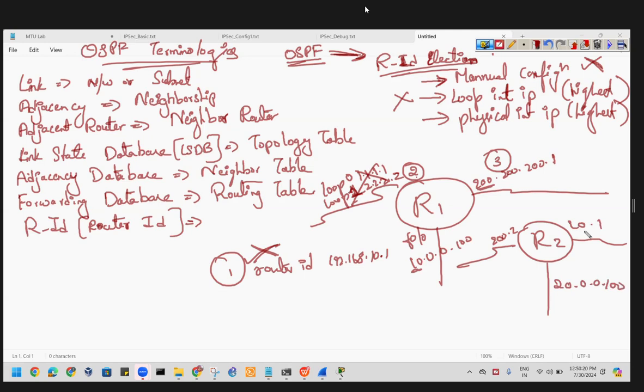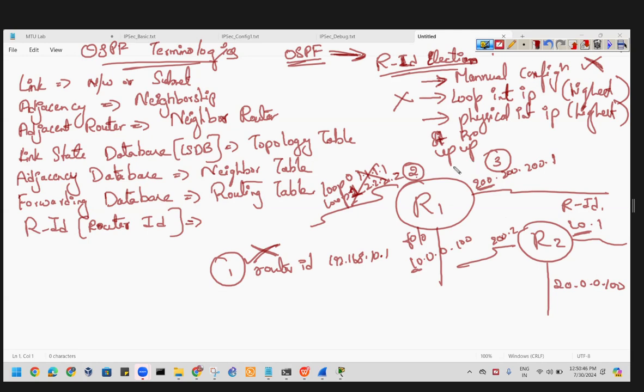Looking at this, 201 is highest, so this becomes the RID. Understood? Only physical interfaces are there, so the highest physical interface IP address. The interface should be up and up, meaning both status and protocol should be up. Only then will that interface IP address be considered, otherwise not. Clear?